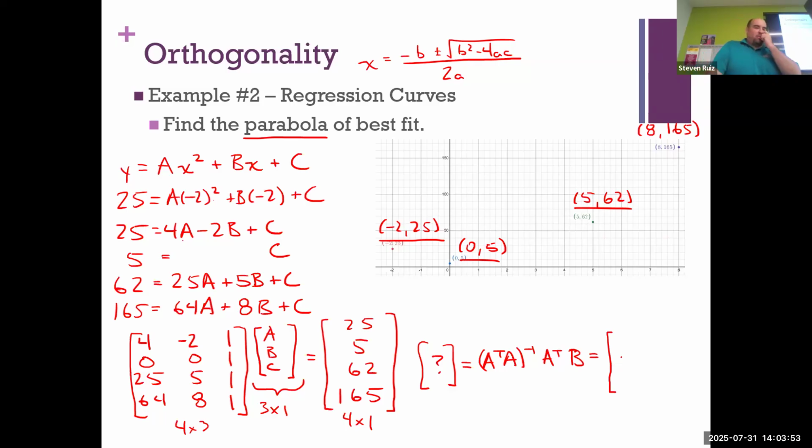Based on what we know about parabolas, what should A be? Actually, should it be positive or negative? Let me ask it that way. Why should it be positive? It's a parabola that is oriented up. B is a little harder to ask about. What should be true about C? Why should it be positive?